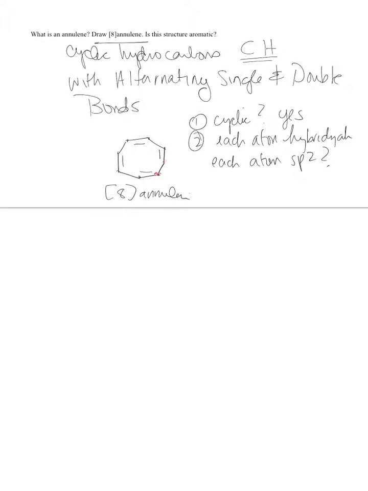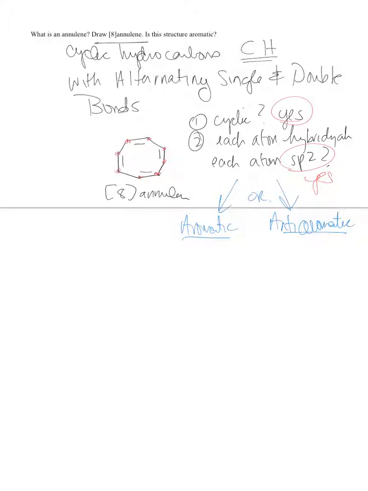This one's sp2, sp2, sp2, sp2, sp2, sp2, sp2, sp2. Yes. And because of this, you know that it's either going to be aromatic or anti-aromatic. It's going to be one or the other. It is not going to be non-aromatic. If it had an sp3 carbon, or if it was not cyclic, then it could be non-aromatic.